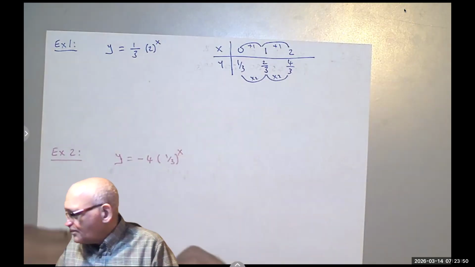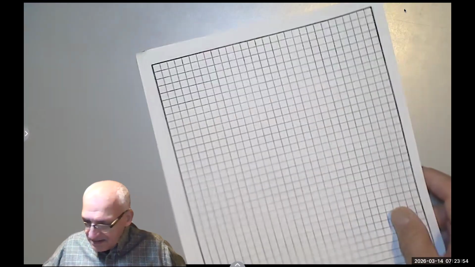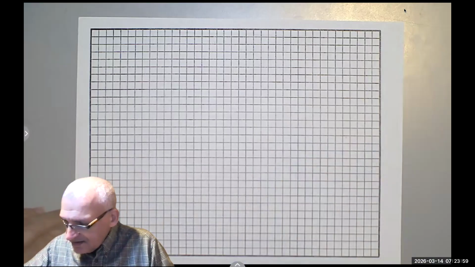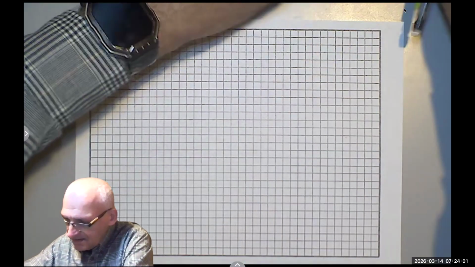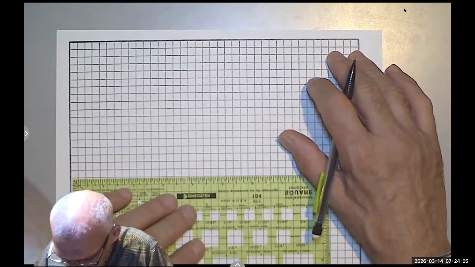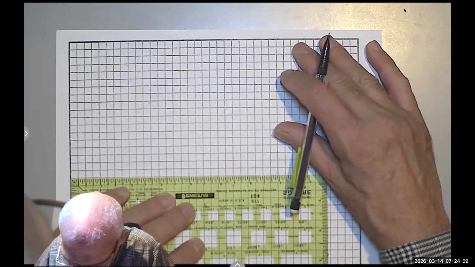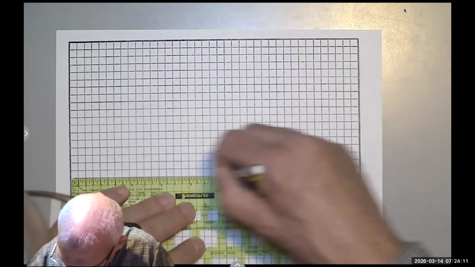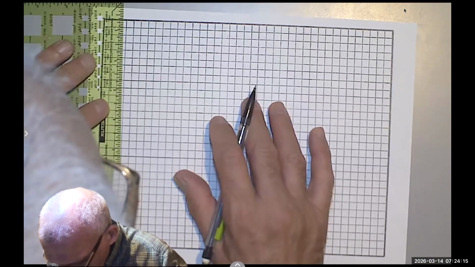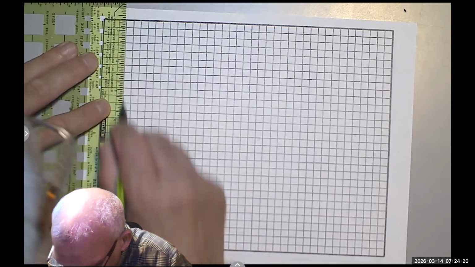So now if I want to plot that, I can get a graphing paper or any paper and say, okay, here is the x-axis, for example. I know for this equation, the x-axis, or y equals 0, is an asymptote.